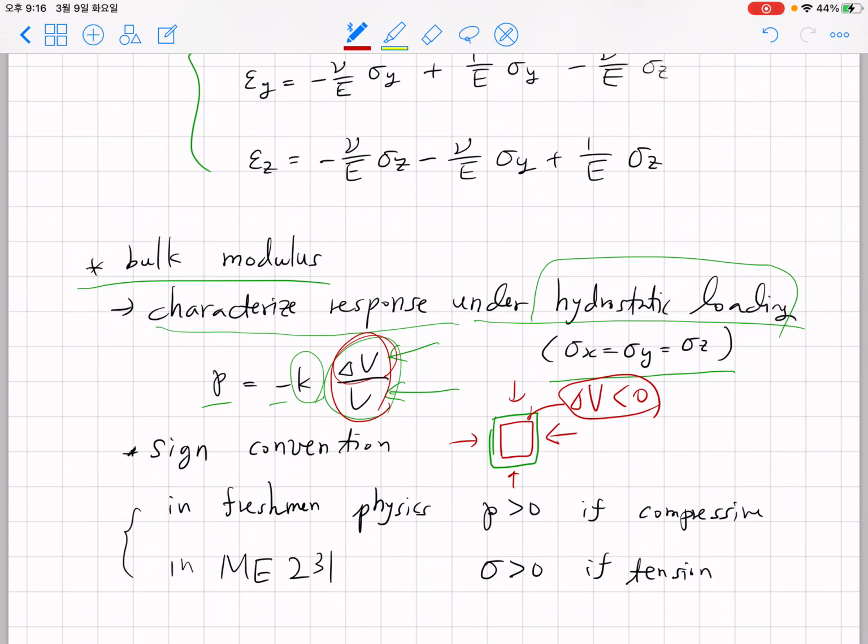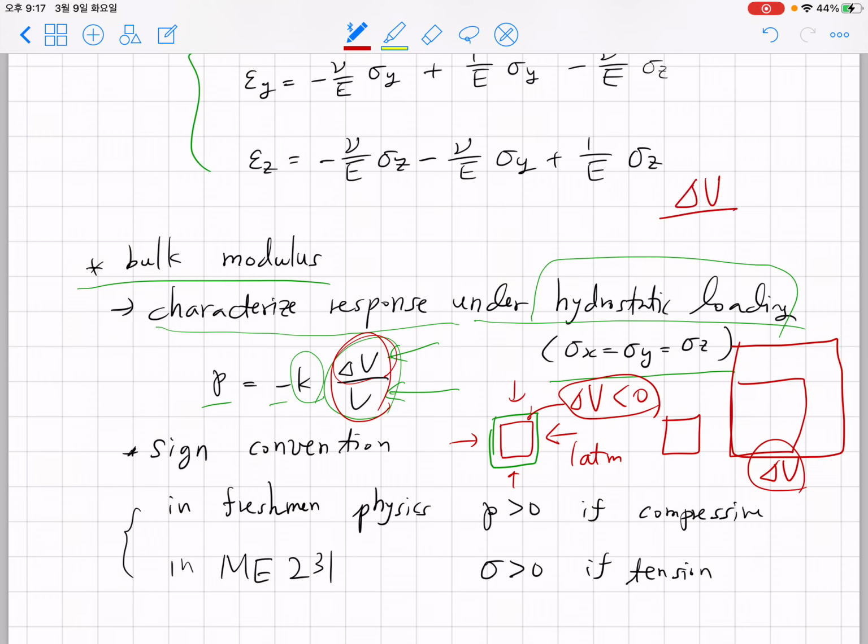Even though you are applying the same pressure, 1 atm, the absolute value of delta V will be different for a big sample or a small sample. However, if you consider the ratio delta V over the original volume V, whether you consider a small, intermediate, or large sample, this ratio will be the same for the same pressure. That's why you have this ratio.